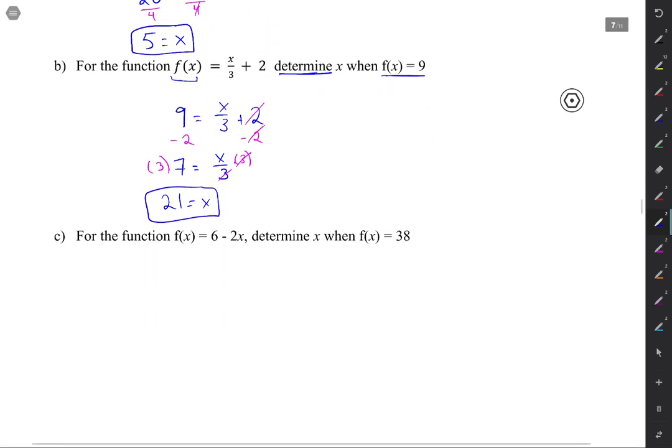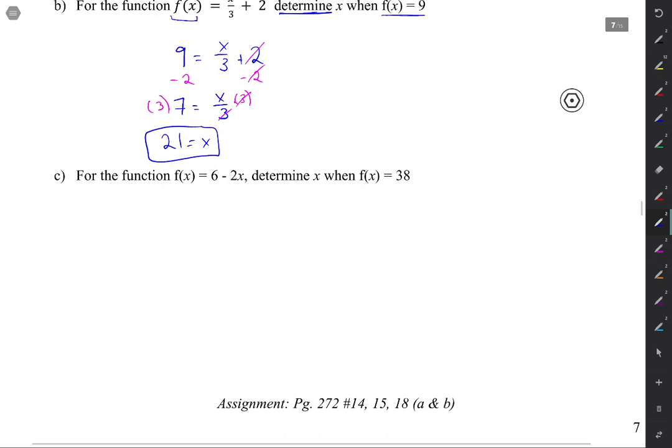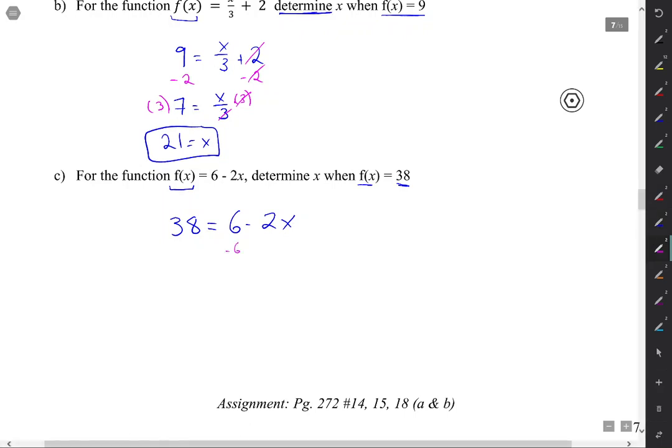Finally, for example 3c, we have for the function f of x is equal to 6 minus 2x, determine x when f of x is equal to 38. So now instead of writing f of x, I'm going to replace it with 38. So we have 38 is equal to 6 minus 2x. So now I'm going to get rid of that 6 first, so we're going to subtract 6 from both sides of the equal sign.